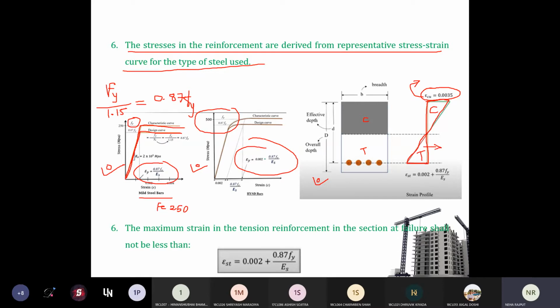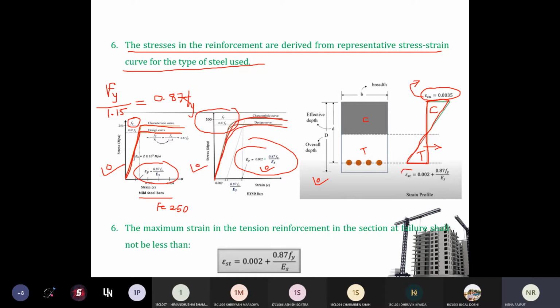Here steel is provided, so the strain value for steel. So what is the maximum value of strain in steel, and how will you get it? This is the value, right, this one is the value. As I explained earlier, first is the characteristic curve Fy, which you divide by 1.15, and you will get the design curve.